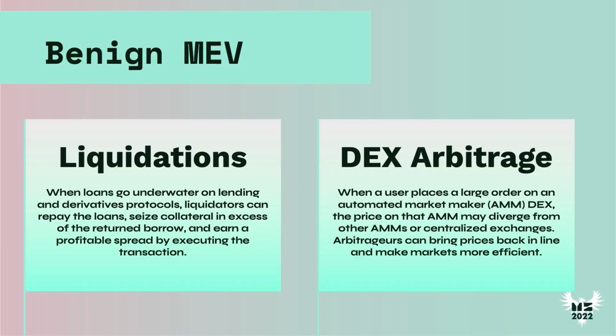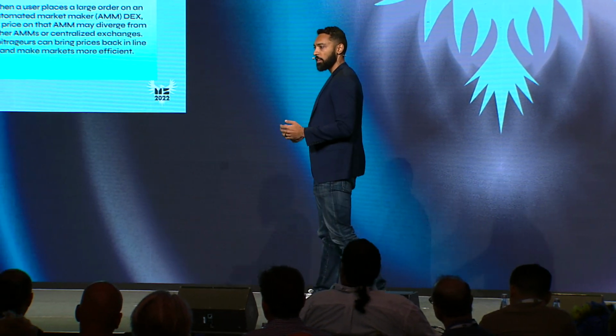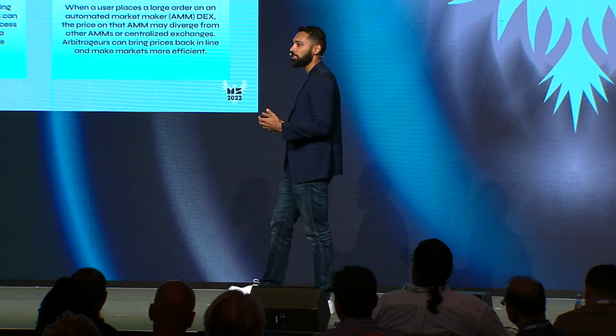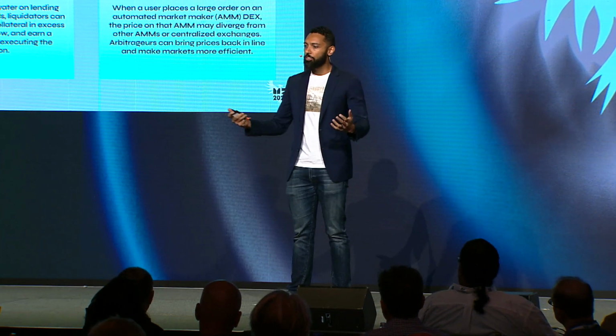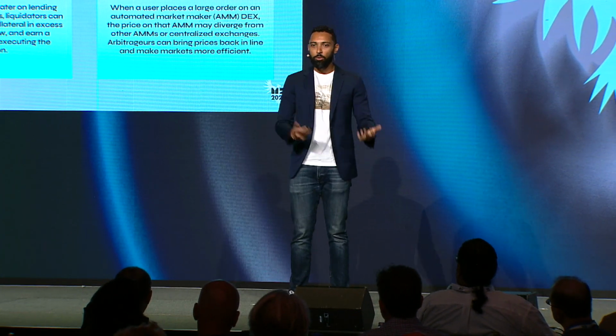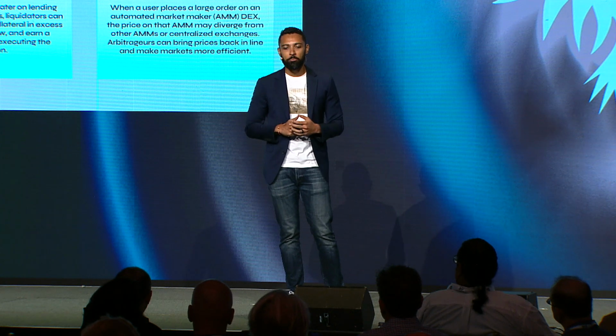There's two types of MEV. The first is what we like to call benign MEV. This is the type of MEV that enables healthy functioning of financial markets. This is entirely inescapable, as I was saying before, because you have things like liquidations. You have people who have leverage, and they need to be liquidated when their trades go against them.